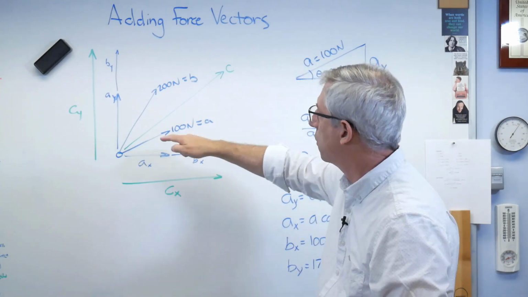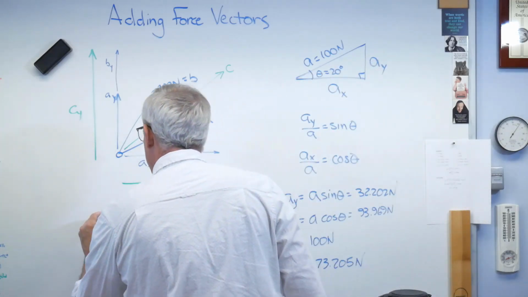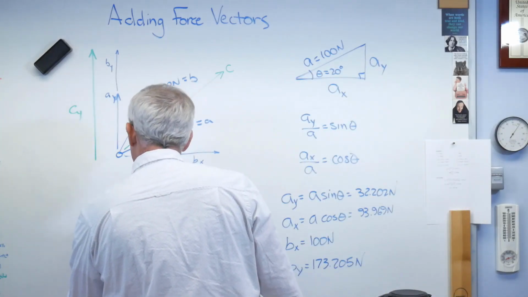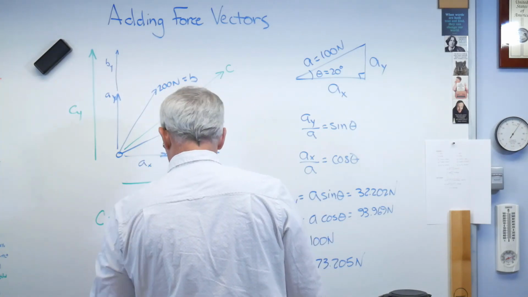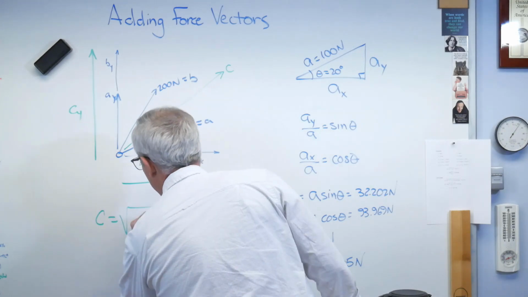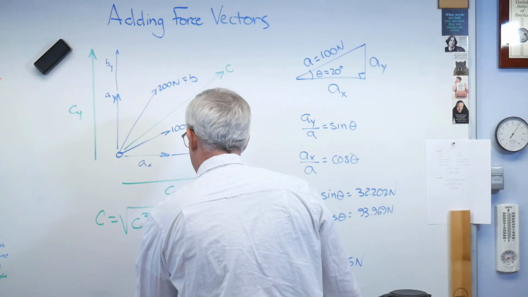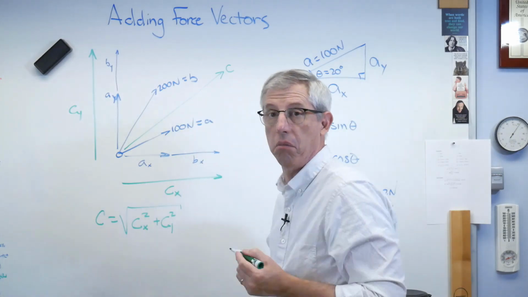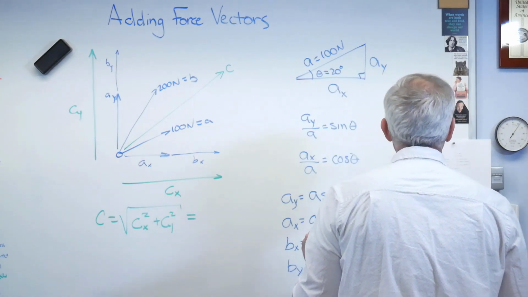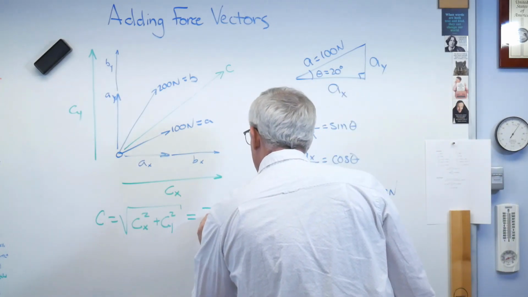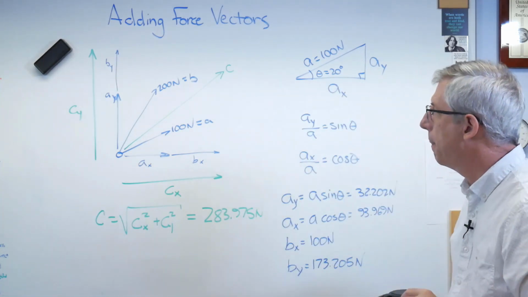Now, if I did, for completeness, if I want to know the magnitude of C, well, C, using the Pythagorean theorem, hang on here, I'm doing this wrong. There we go. CX squared plus CY squared. Okay? Let's just figure out what that is. And it looks like it's going to be 283.975 newtons.